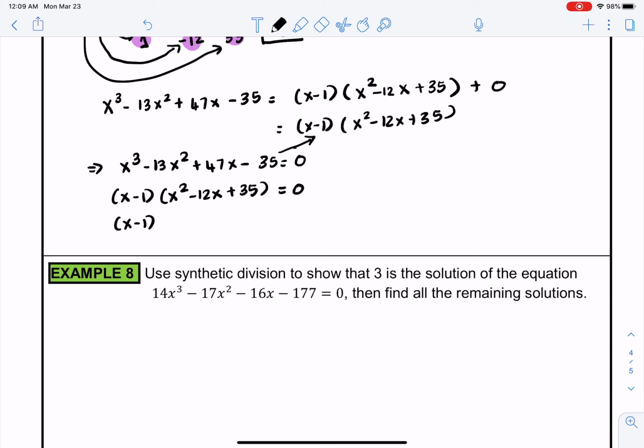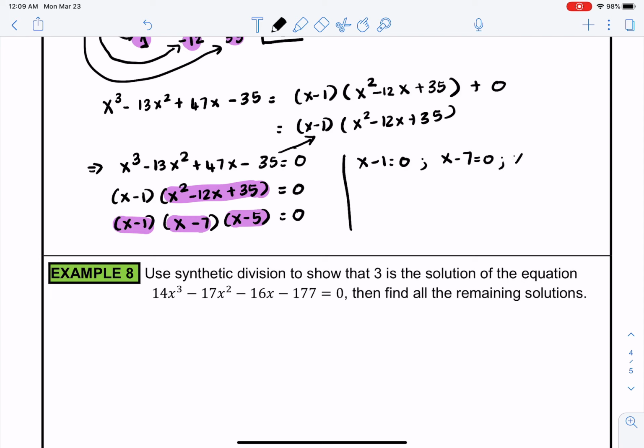The second term here can be factored as x minus 7 times x minus 5. So we have factor 1, factor 2, factor 3. We set each factor equal to 0 to find the solution. Which would mean x is 1, 7, and 5.